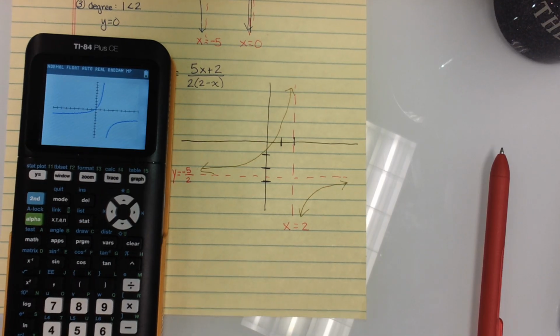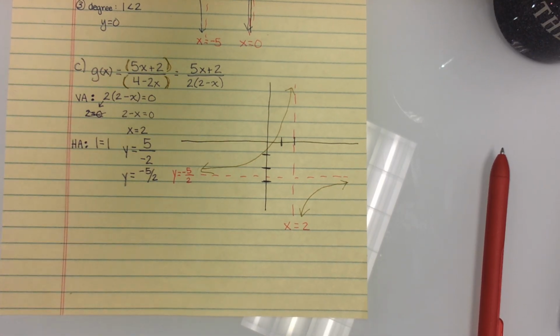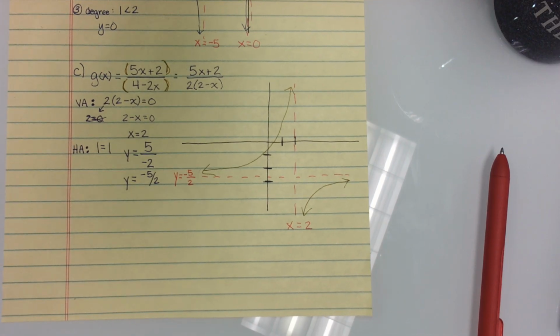Okay. That is similar to the ones we did yesterday. Today we're going to be stepping it up a notch. Today we're going to start coming across problems that have holes in the graph and oblique asymptotes. Now, holes in the graph you find by simplifying things out.